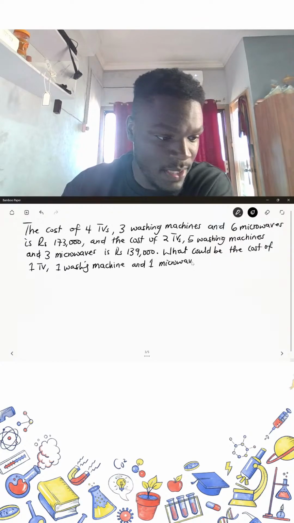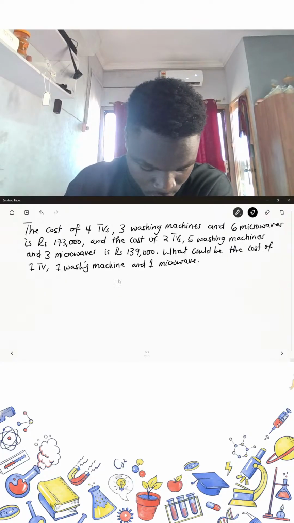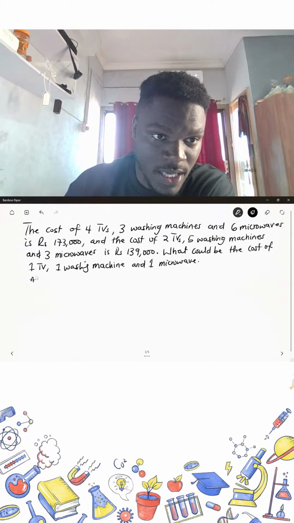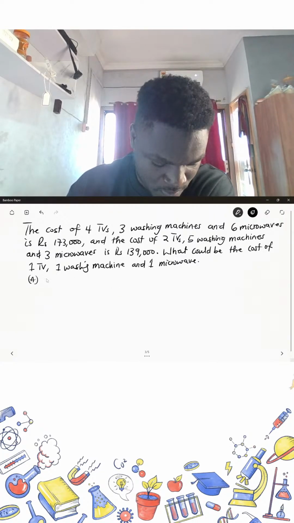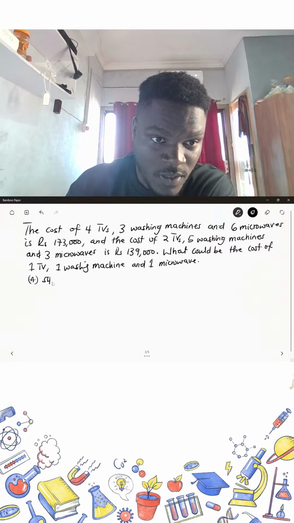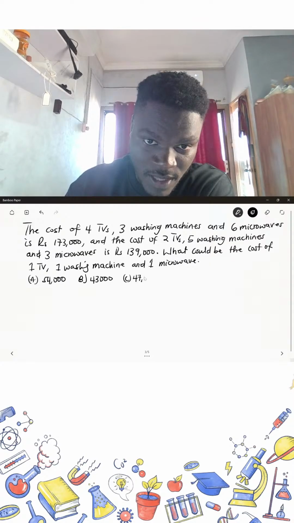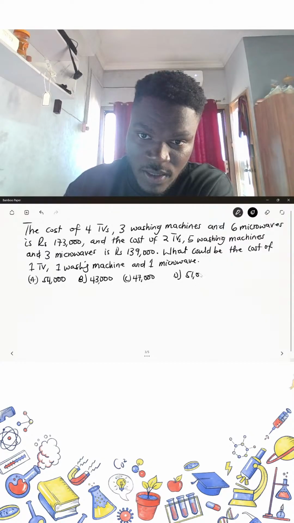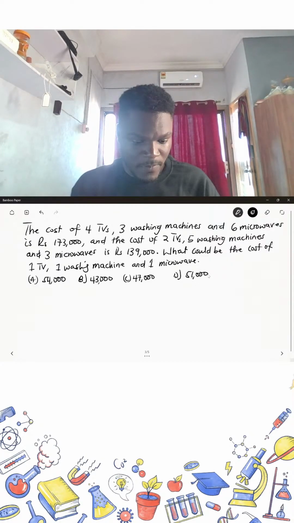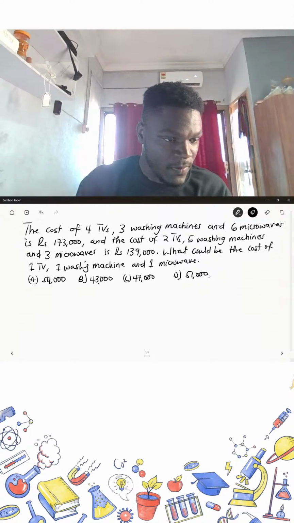All right, so that is the question. And then we have the possible answers. Option A is 54,000 rupees. Option B is 43,000. Option C is 47,000. Then option D is 51,000.